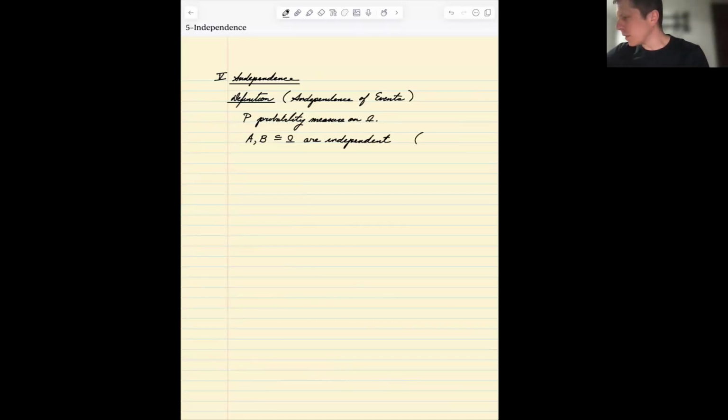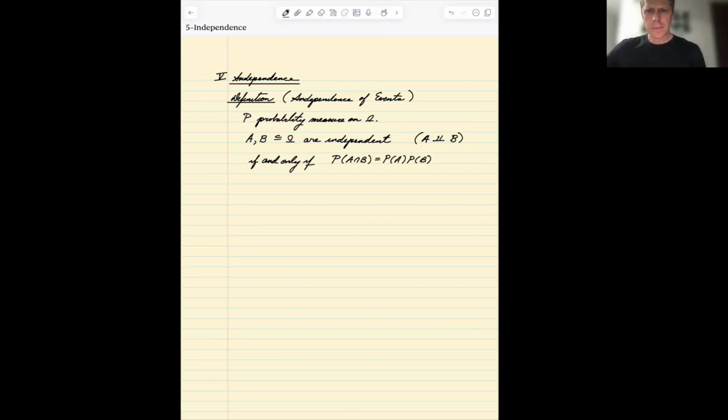The way that I'll often write this, and you'll see it elsewhere, is using this symbol to say A is independent of B, as a shorthand, if and only if the probability of A intersect B equals the probability of A times the probability of B.